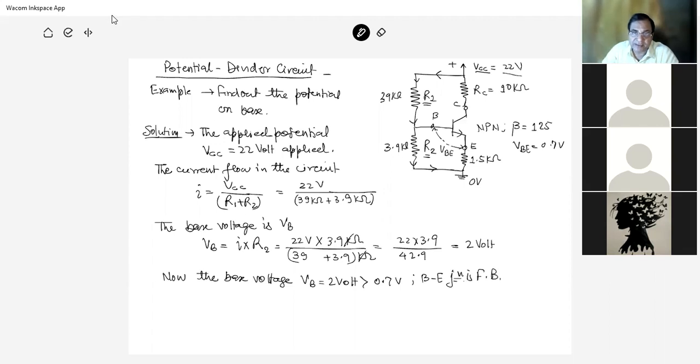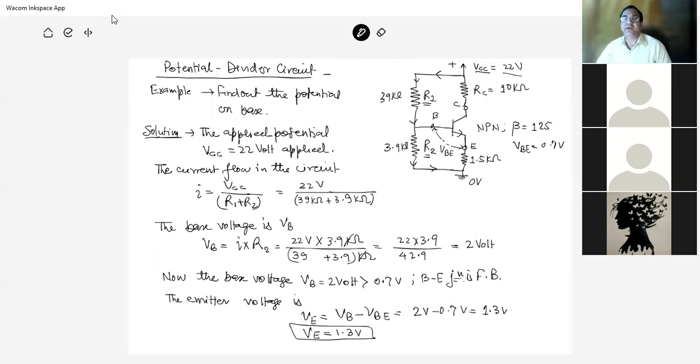So the emitter voltage VE is equal to VB minus VBE. That is 2 volt minus 0.7 volt. So this is 1.3 volt. So VE is 1.3 volt. This is your voltage.